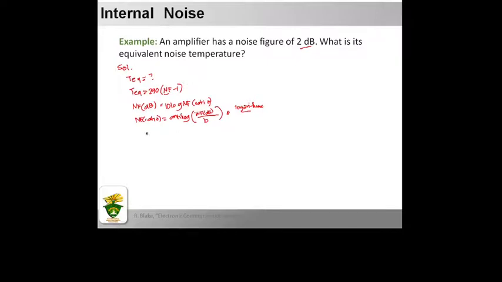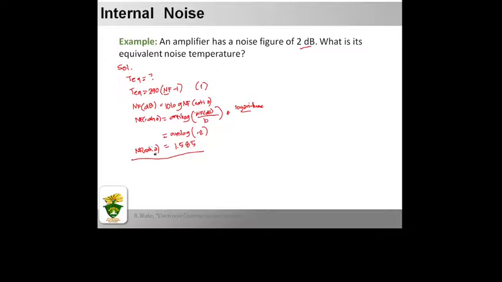So the noise figure ratio is equal to the anti-log of NF, which is 2 decibels, divided by 10. So we have the anti-log of 0.2, sorry, 0.2. The anti-log of 0.2 is equal to 1.585. That is our NF in ratio. So we already found the noise figure here, 1.585. Let's say this is equation 1.